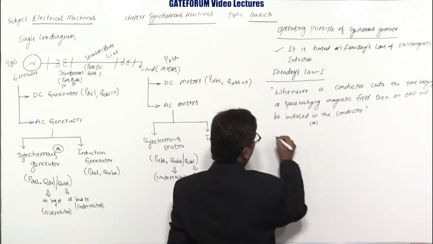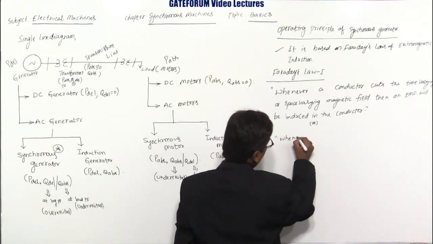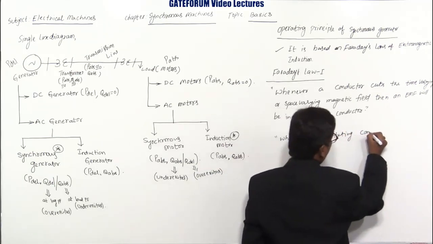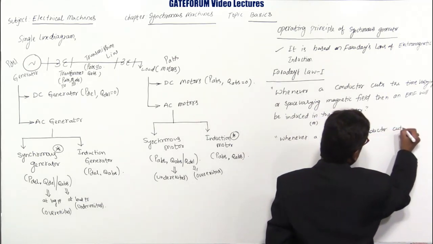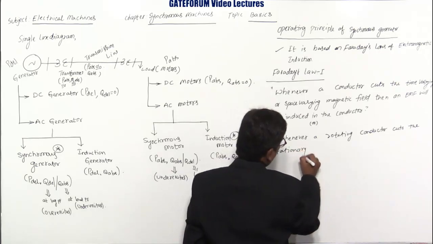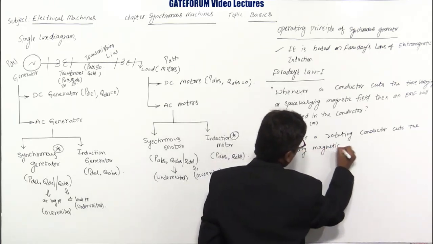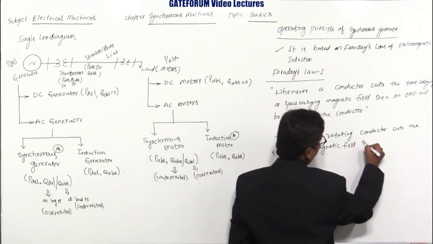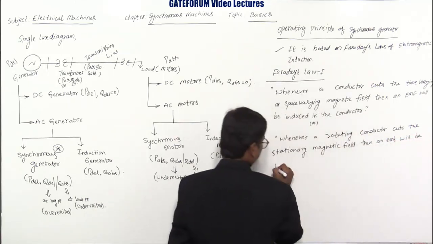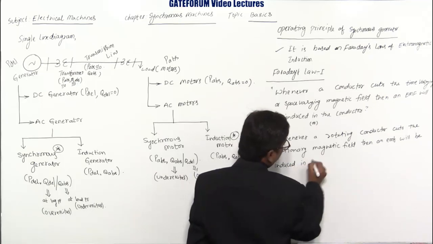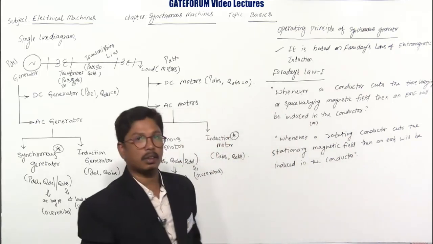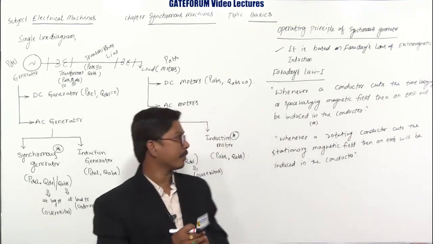Or, whenever a rotating conductor cuts the stationary magnetic field, then an EMF will be induced in the conductor. Now the conductor is rotating, the field is stationary, right?